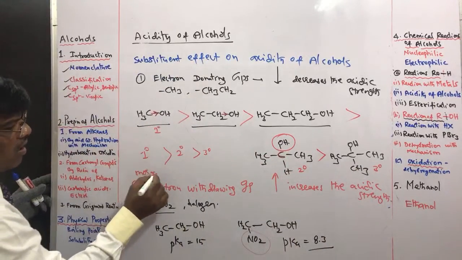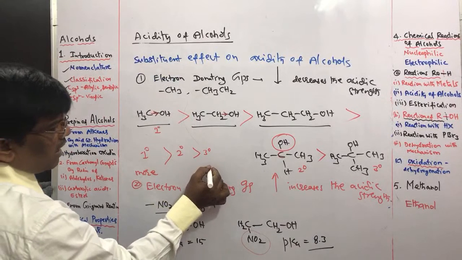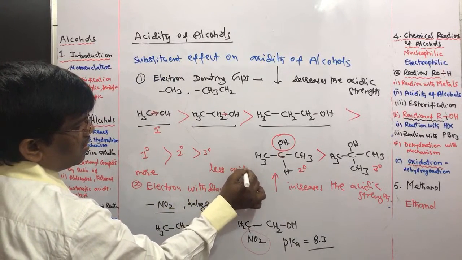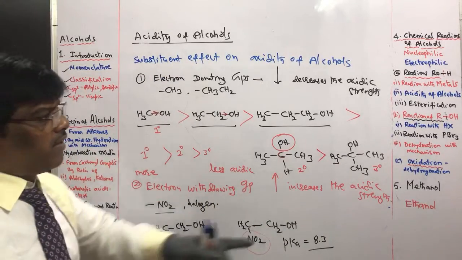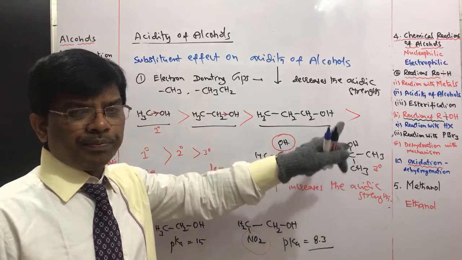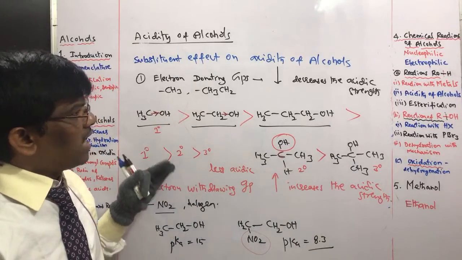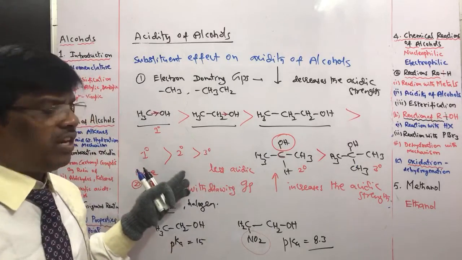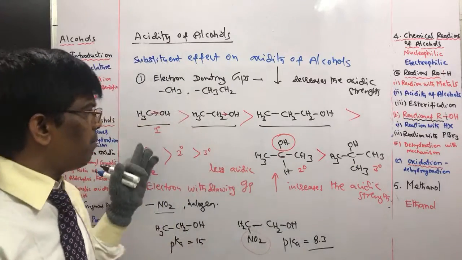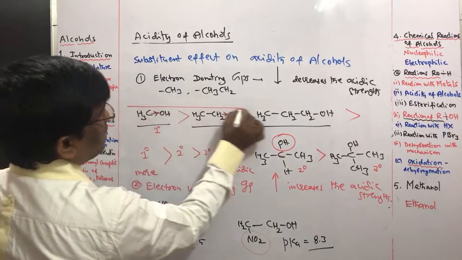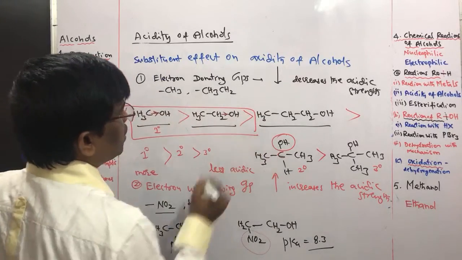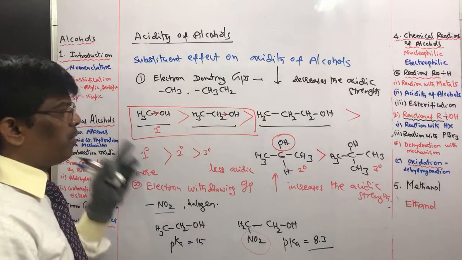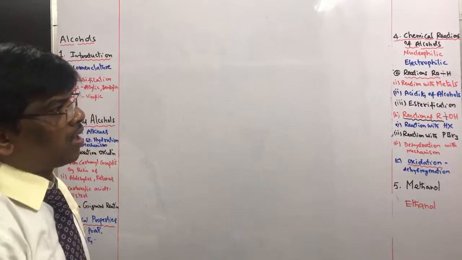So primary alcohols are more acidic and tertiary alcohols are least acidic, because of the plus I effect group. This acidity order will be asked in so many entrance exams. So please remember, tertiary alcohols are less acidic than primary alcohols, and between methanol and ethanol, methanol is more acidic, students. Please remember.